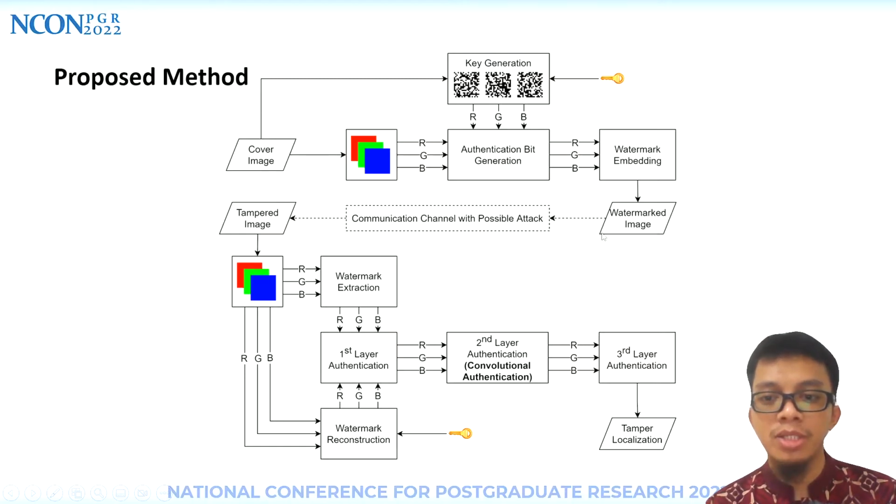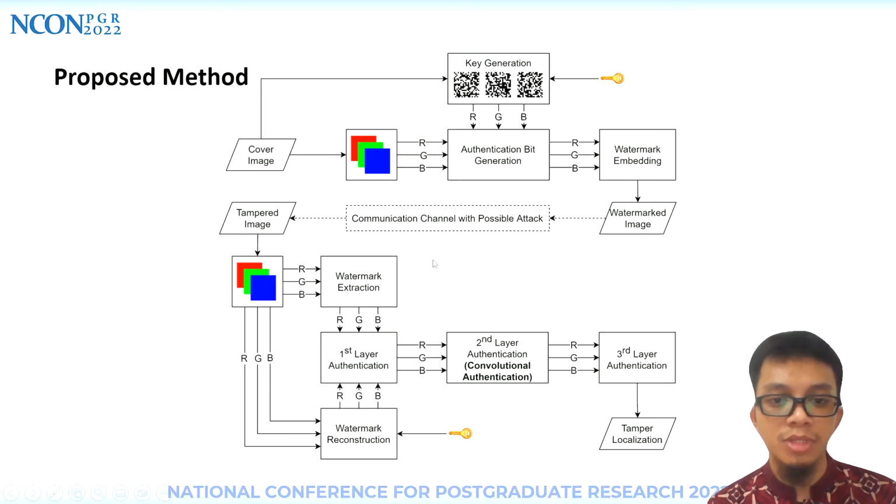The watermark image can be sent through a communication channel or any internet connection anywhere, and in the communication channel there may be a possible attack. So the user or someone else may try to attack or modify the watermark image. And then when we receive the image from the internet, we treat it as a tampered image.